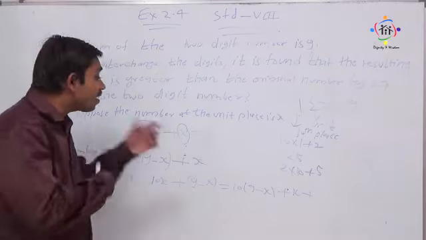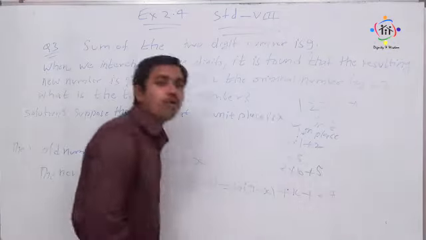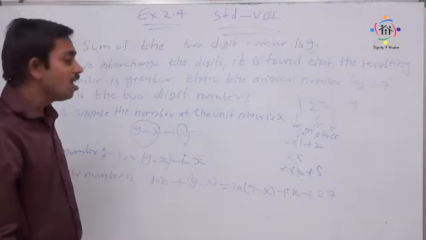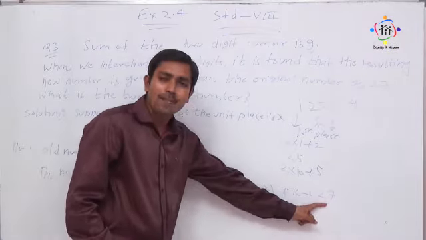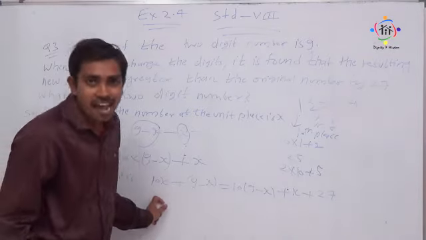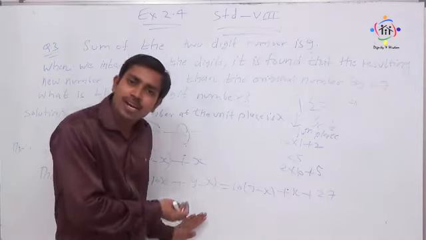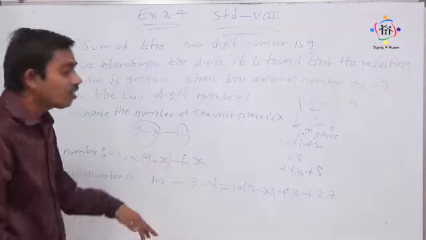The new number is greater by 27 and therefore I will add 27 here. Greater means the plus sign will come. When I add 27 to the old number, it becomes equivalent to the new number. Is it clear, my dear students? Up to this, is it clear? Does everybody understand? Now after this, what to do?